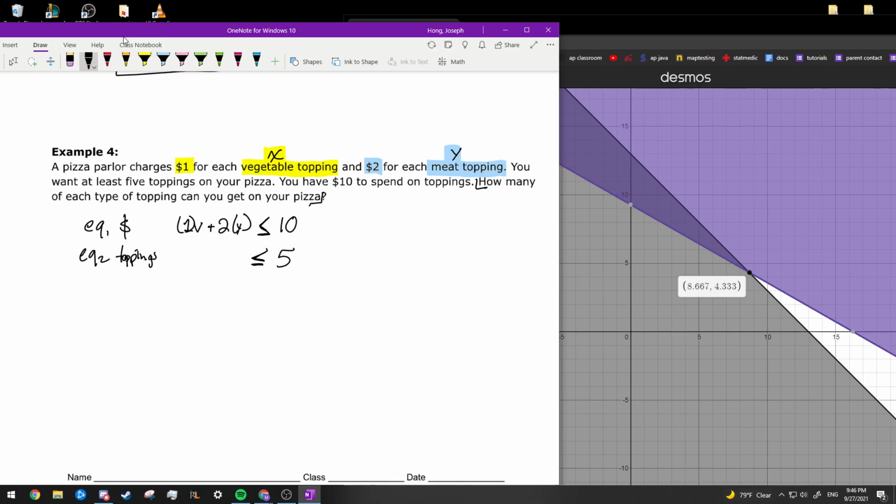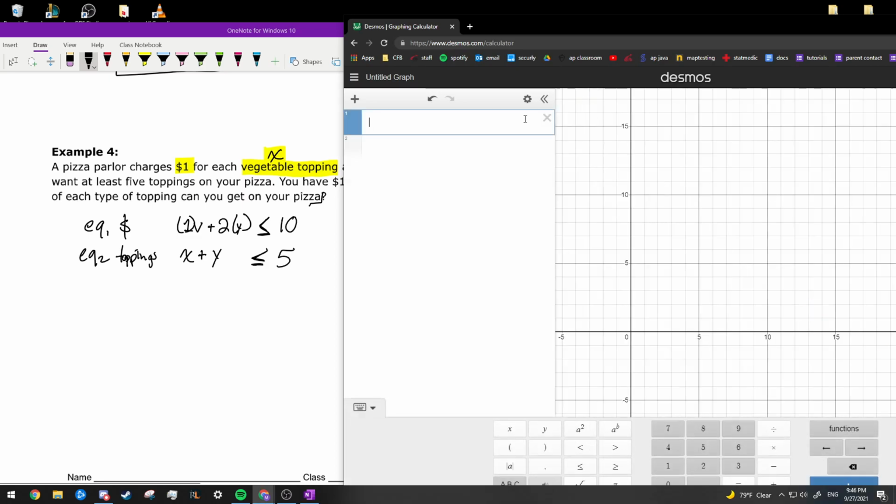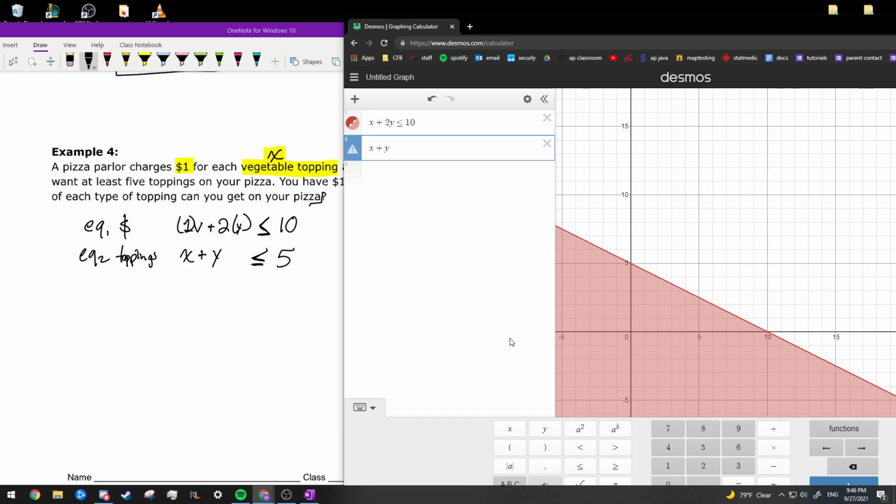So the vegetable topping is X and the meat topping is Y. There are our 2 equations. Let's try it out. X plus 2y is less than or equal to 10. And x plus y is less than or equal to 5.